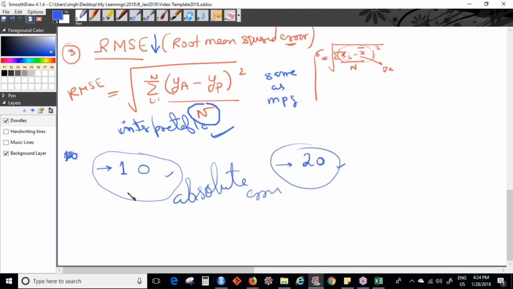So you know that your error is 10, but 10 out of what? Let's say my actual value was 100 and I made an error of 10. This is case 1. And my actual value was 1000 and I made an error of 10. This is case 2. So which case is better?